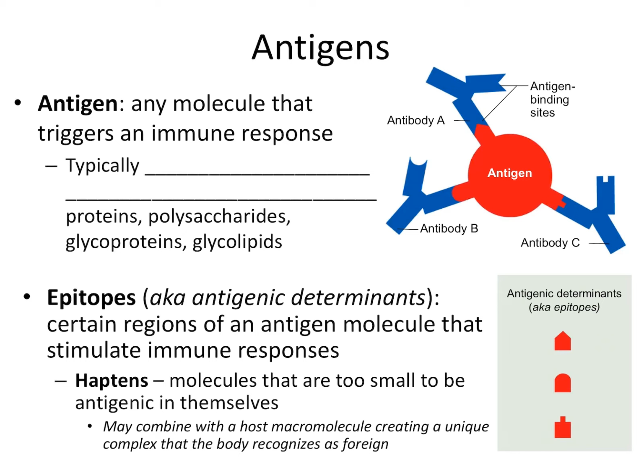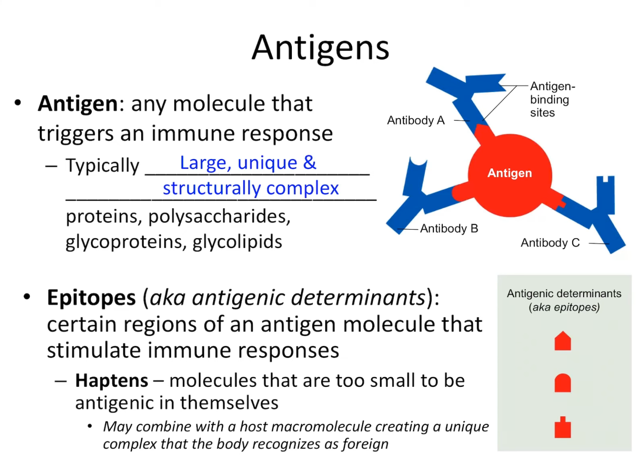So typically, in order to elicit an immune response, a molecule is going to be large, unique, and structurally complex, right? Now, these can be proteins, polysaccharides. Now, remember, a polysaccharide is a long chain of sugars. You could have glycoproteins, which are going to be proteins that have different types of carbohydrates attached, or glycolipids, which are lipids that have carbohydrates attached.